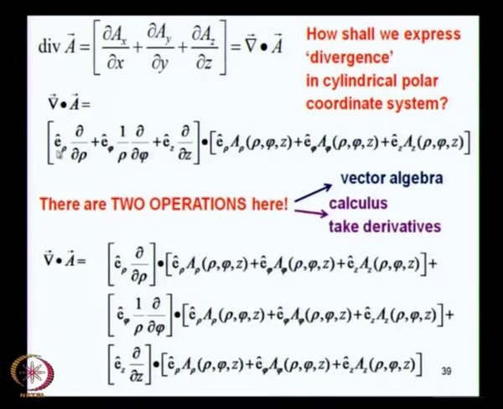All I have done here is to write it term by term. The first term is e rho del by del rho, then I have this dot, and then I have the rest of the vector. So, I have still not carried out either of the two operations. I have only separated the three terms, so that we do one step at a time, very carefully.